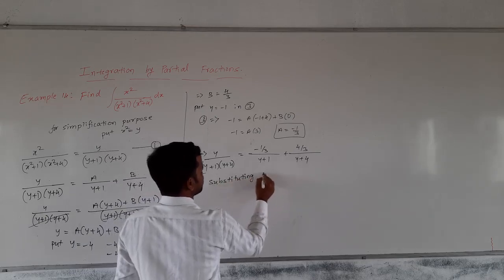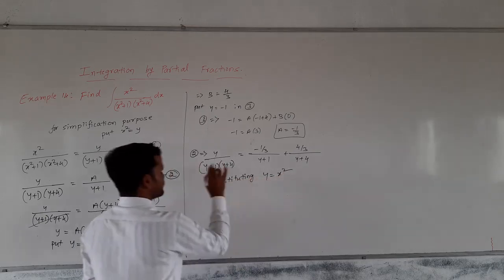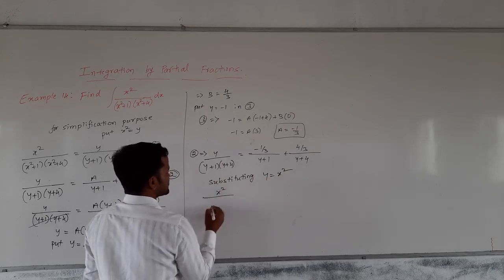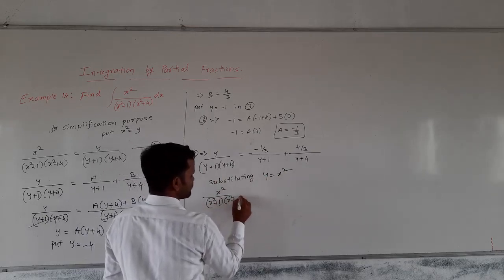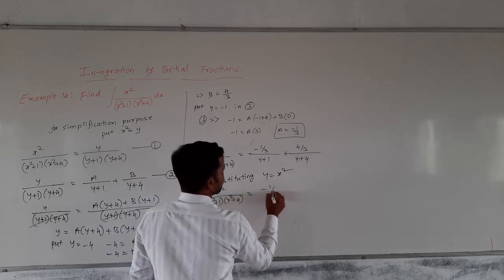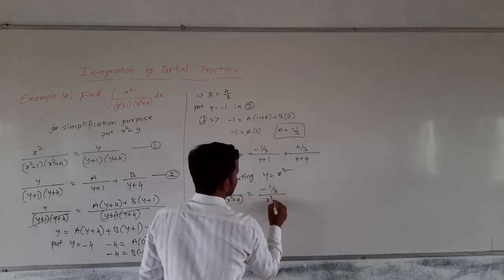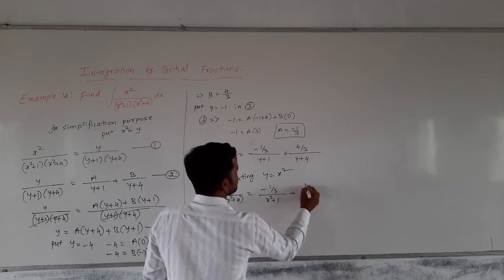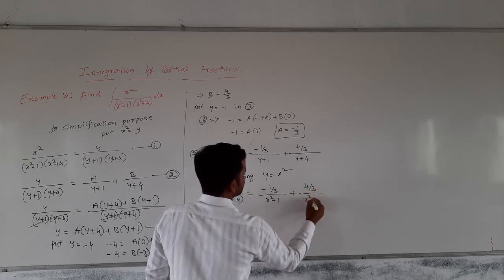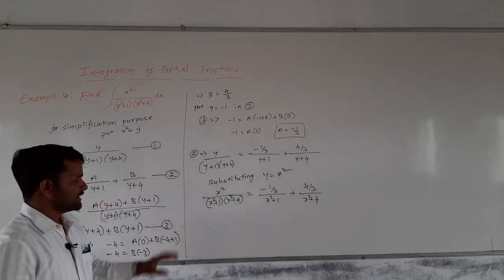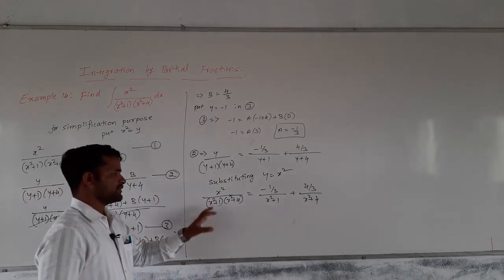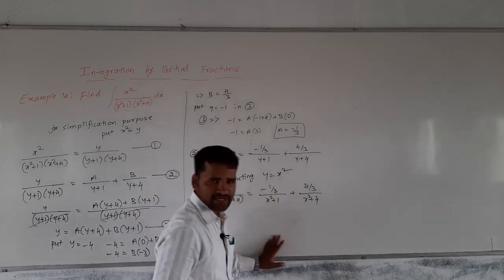Substituting y is equal to x square, you can observe here it becomes x square by x square plus 1 into x square plus 4, which is equal to minus 1 by 3 by x square plus 1 plus 4 by 3 by x square plus 4. Now x square by x square plus 1 into x square plus 4 we have simplified like this.